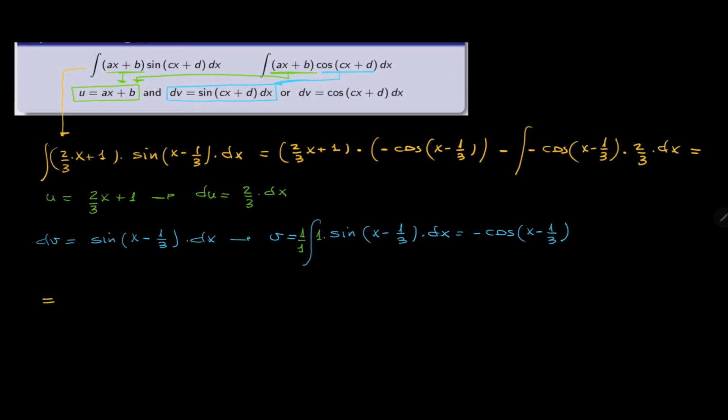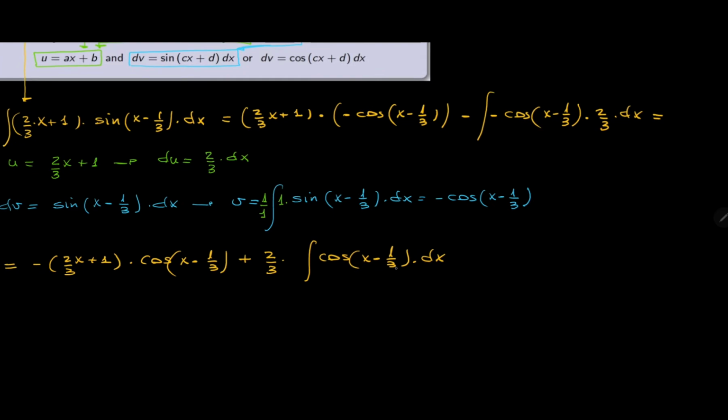So we reorganize the expressions, and it's minus 2/3 times x plus 1 times the cosine function of x minus 1/3, and this minus minus plus the 2/3 outside times the integral of the cosine of x minus 1/3 dx.